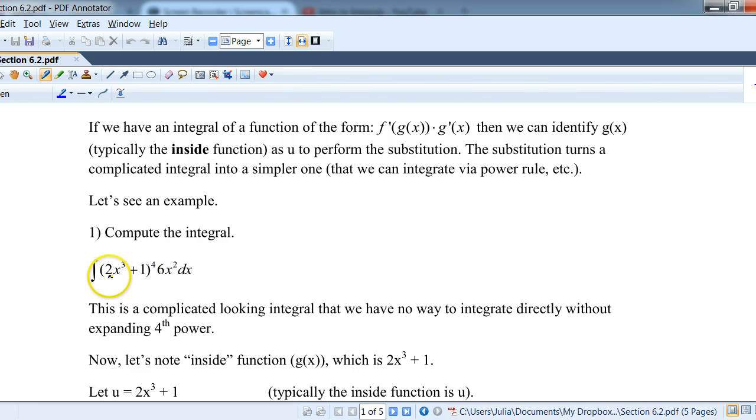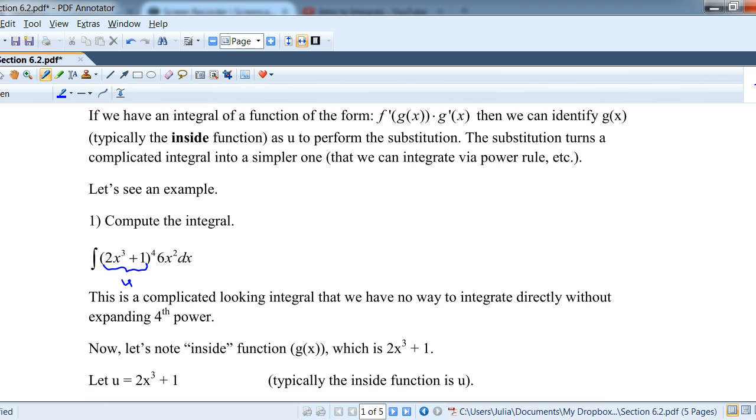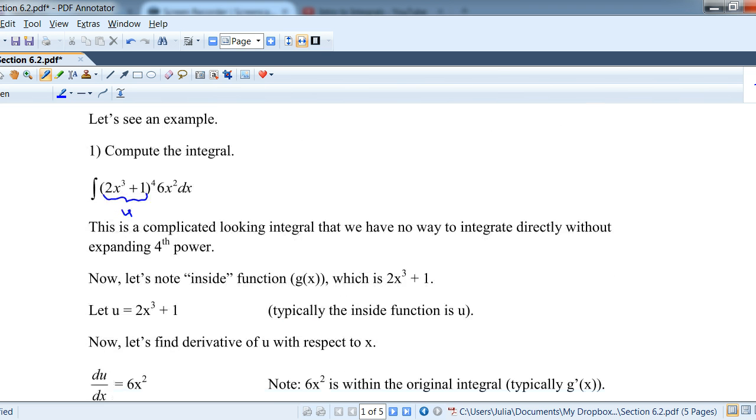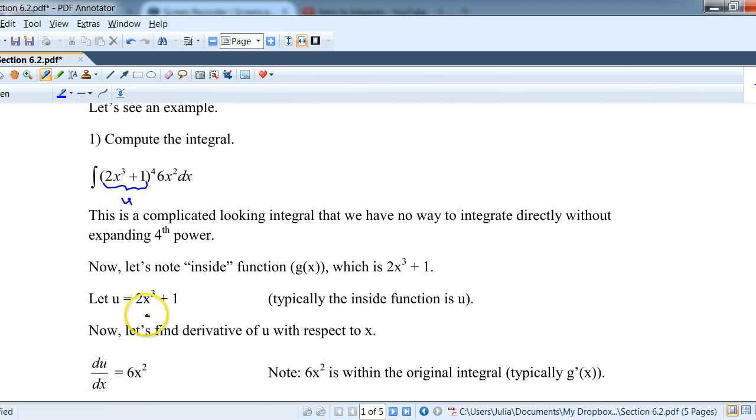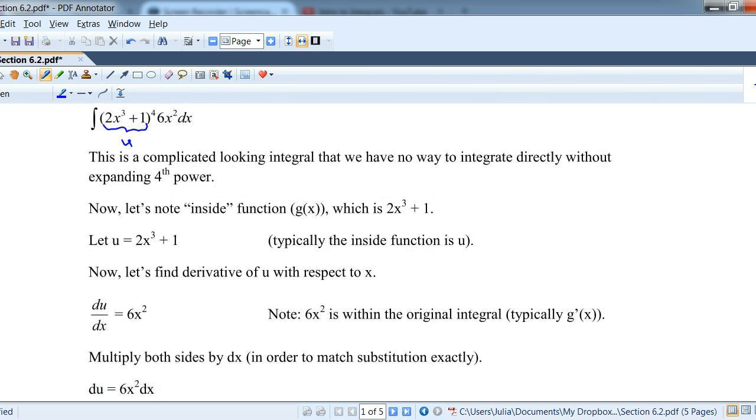Let's take the inside function and call this u. If you notice, I highlighted it. If we call this u, which is 2x cubed plus 1, then we can find the derivative of that u, which is 6x squared. And notice there is a 6x squared within the integral, so we will be able to use this technique.